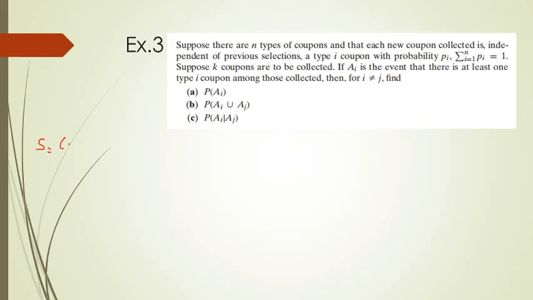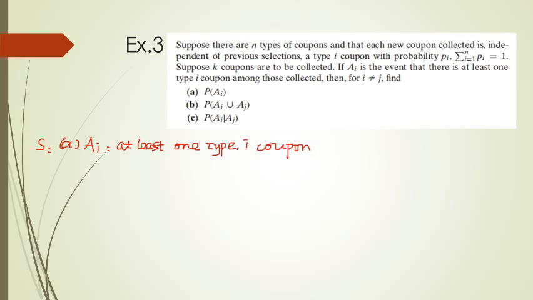So Ai means at least one type i coupon among those selected. It depends on i, right?